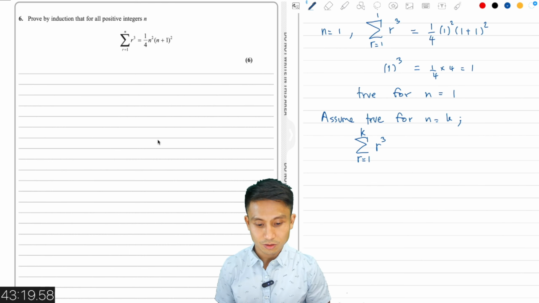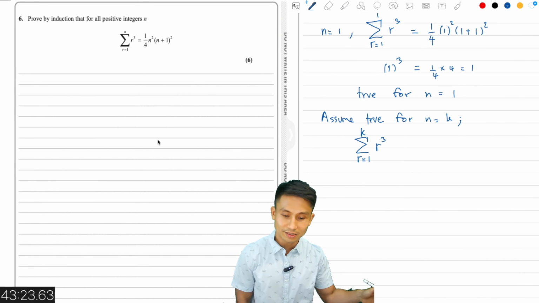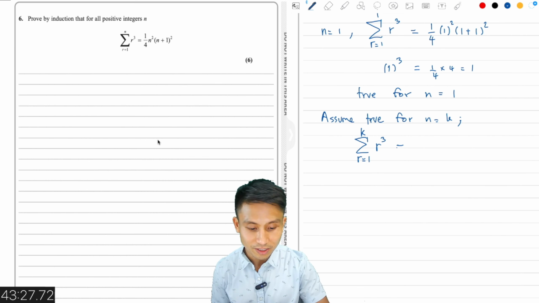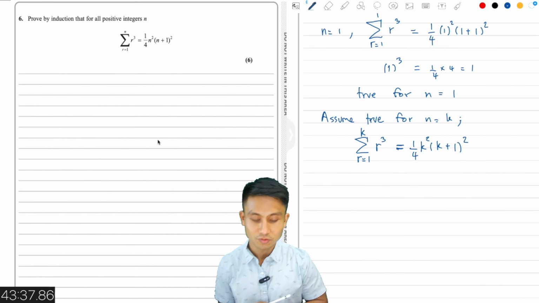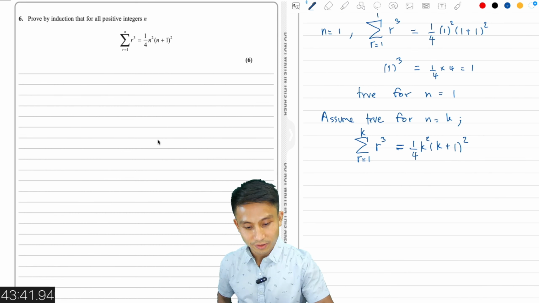We need to prove left hand side equals right hand side, but if we assume this is true, then we can write this already. It's not the proof step yet, this is just assumption. So that's going to be k squared (k plus 1) to the power of 2, over 4. Okay, and then we keep this result to be used later.